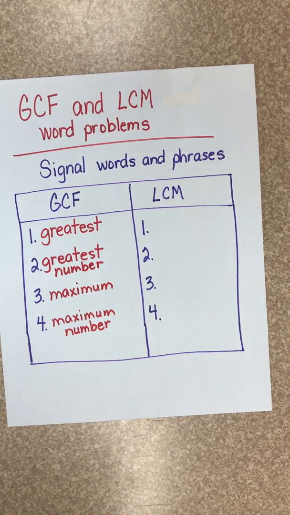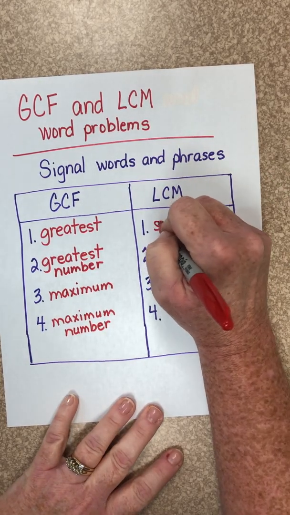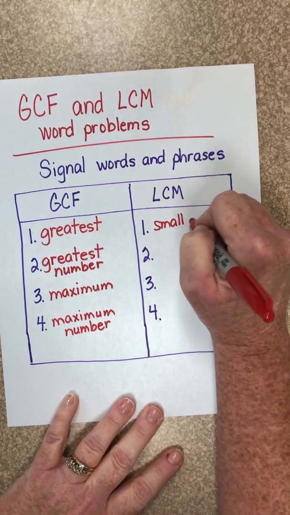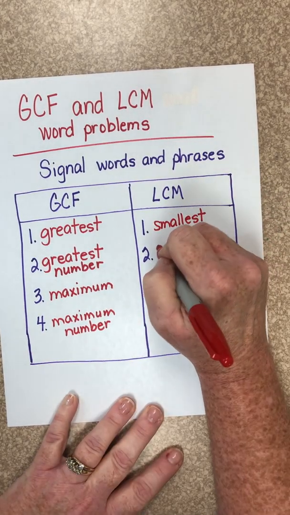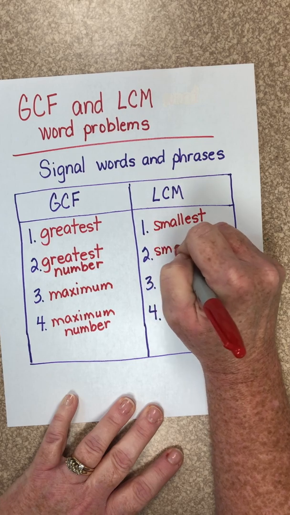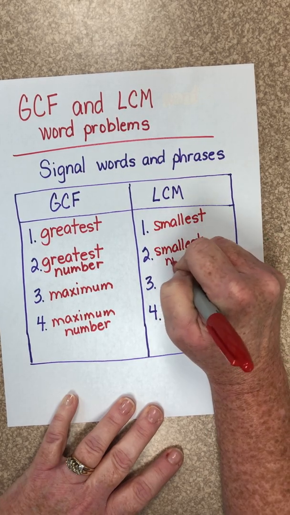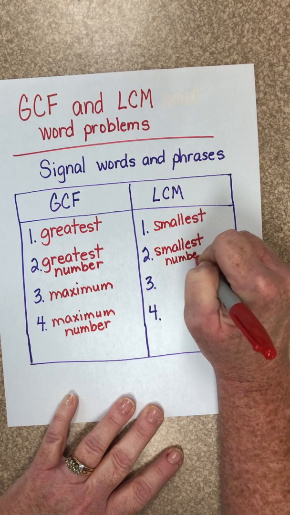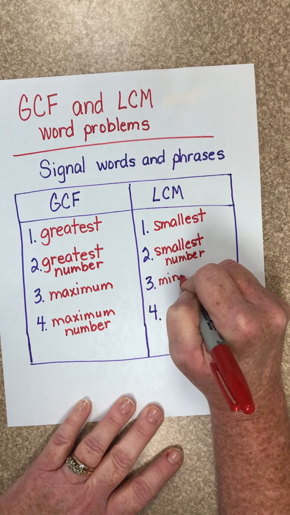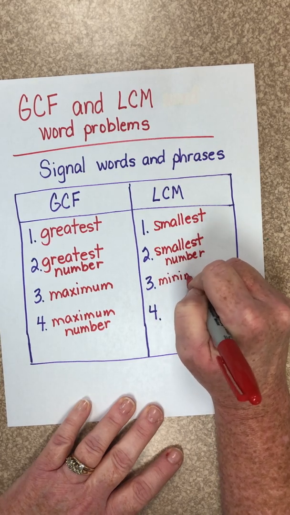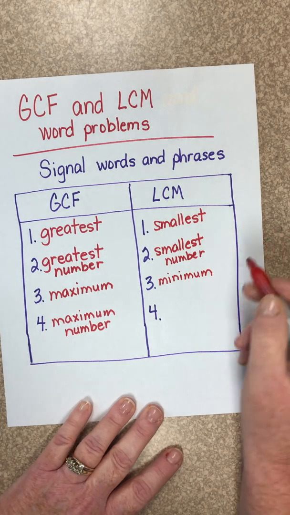And now let's think about least common multiple. Well, least means smallest. So you might have the smallest number. Or minimum, or even minimum number.